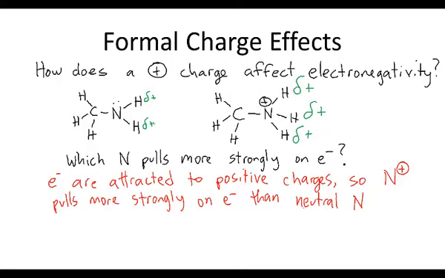The reverse is also true. If something has a negative formal charge, that makes it effectively less electronegative than it normally is, because electrons aren't going to like it as much if it's got a negative formal charge.